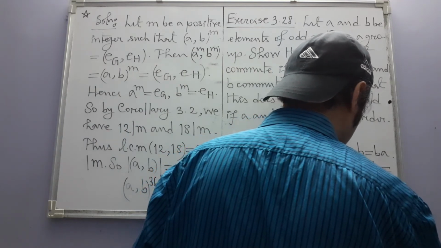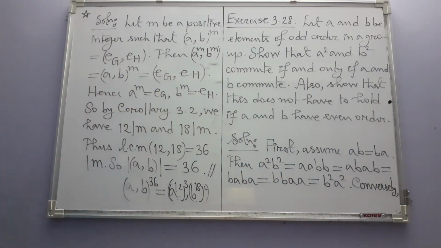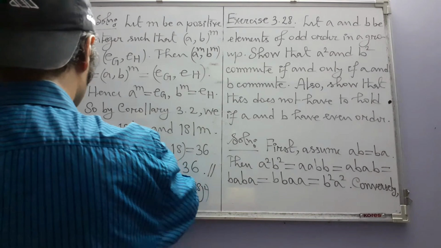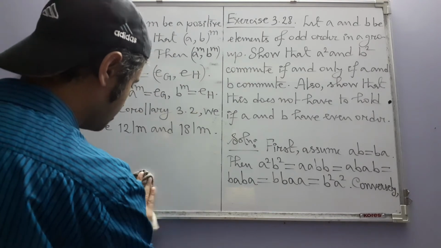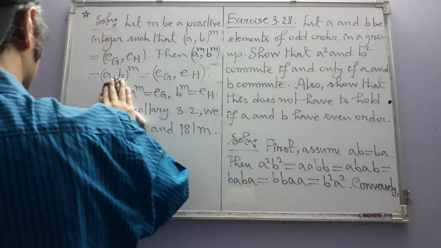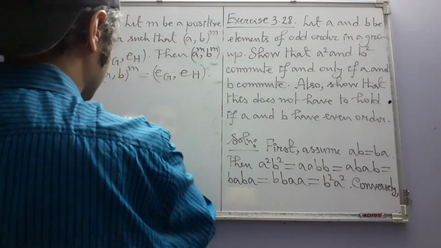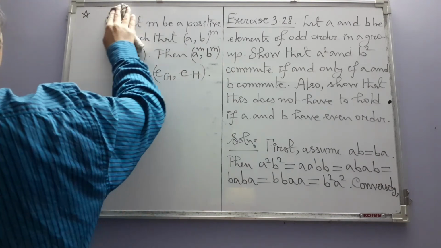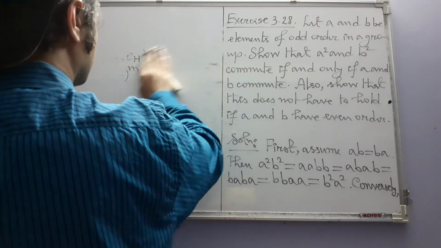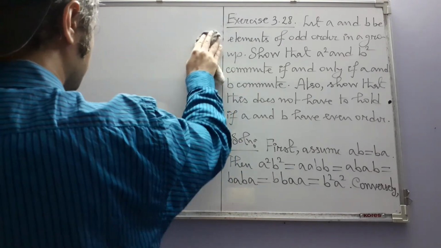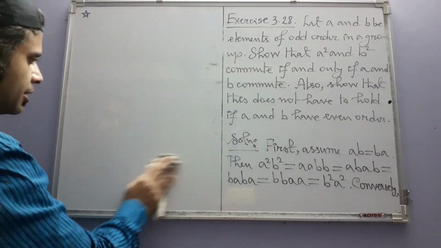Conversely, now our assumption will be that A square and B square commute. Now we have to prove that A and B commute, and somehow in this proof we have to use the fact that A and B have odd orders. For the sake of simplicity, we will denote their orders by some symbol.